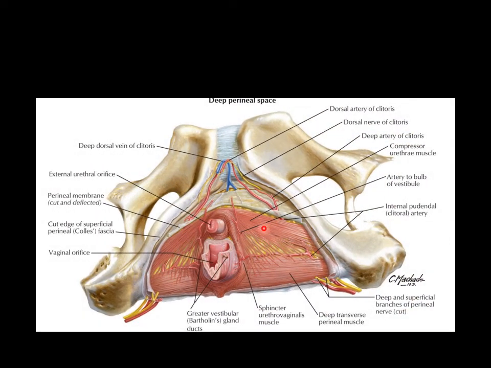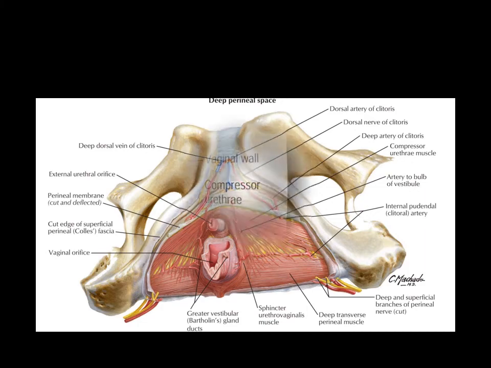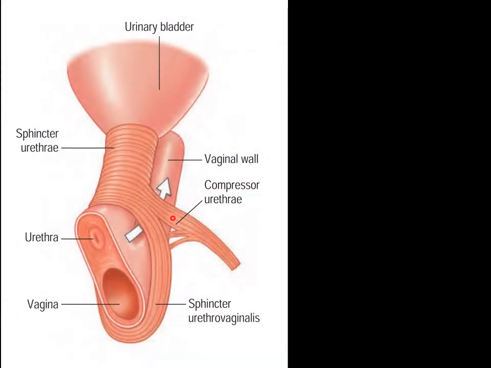Here you can see the sphincter urethrae, a content of this deep perineal pouch, which is encircling the membranous urethra, and the transverse perineal profundus muscle, which occupies the posterior part of the pouch. Both muscles are supplied by the muscular branches of the perineal nerve.